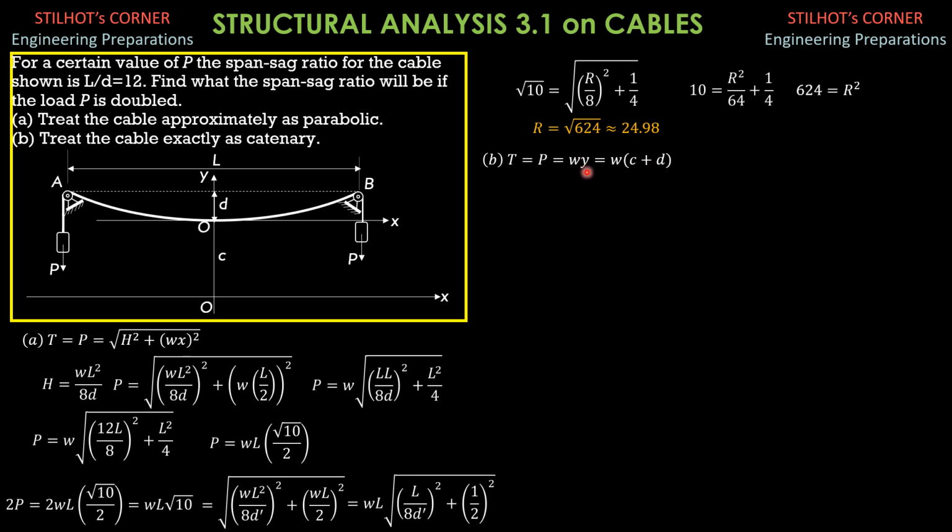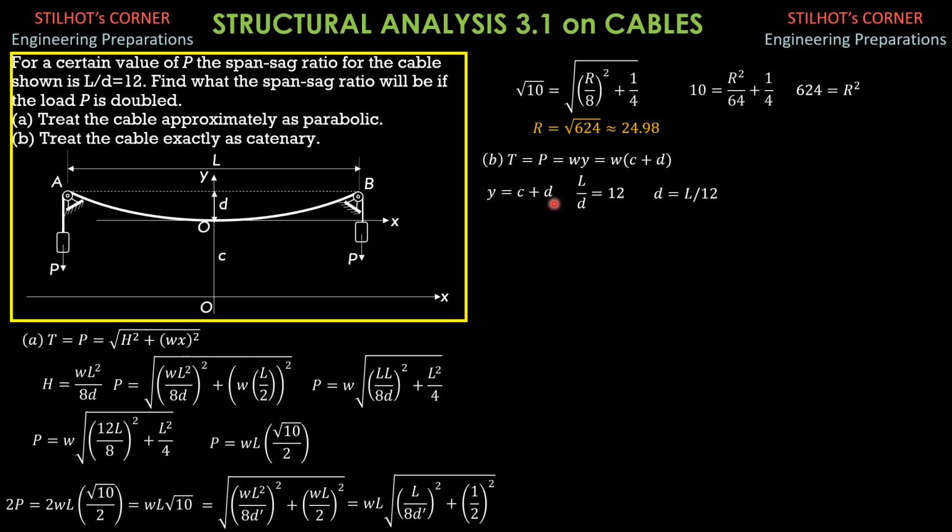And the equation of the catenary is C cosine hyperbolic of X over C. So Y equals C plus D, and L over D is 12, therefore D over L, or D is L over 12.